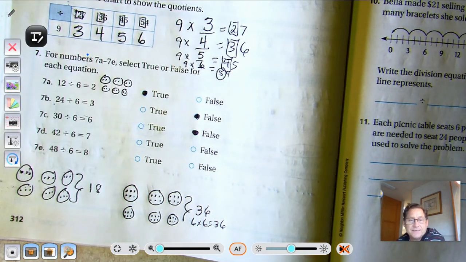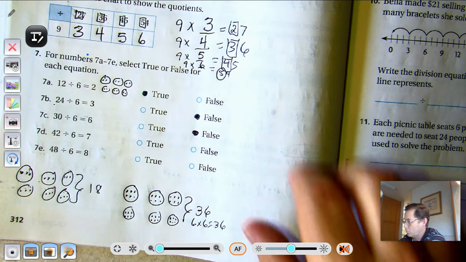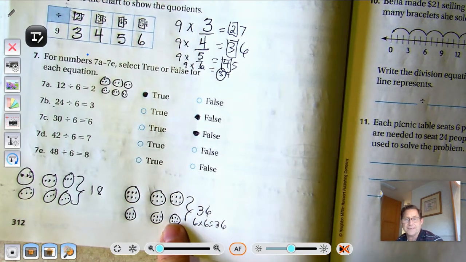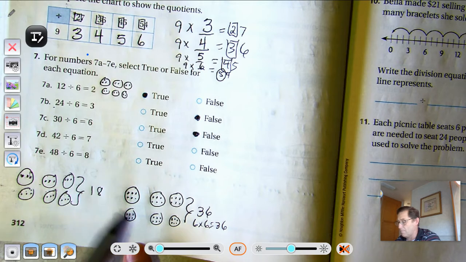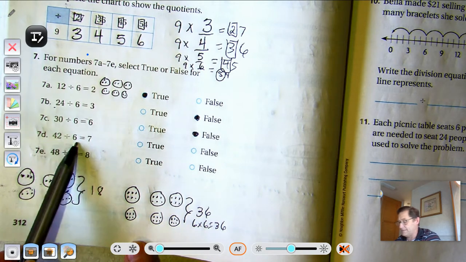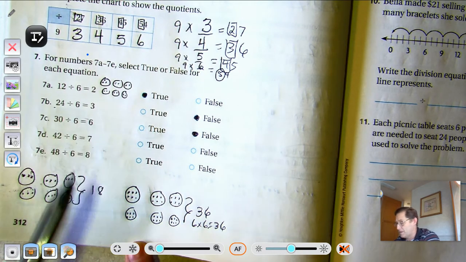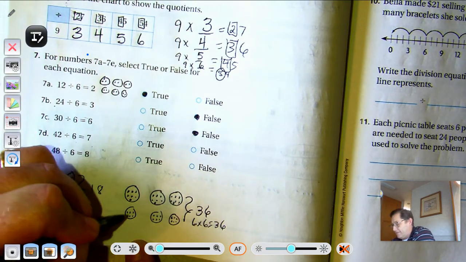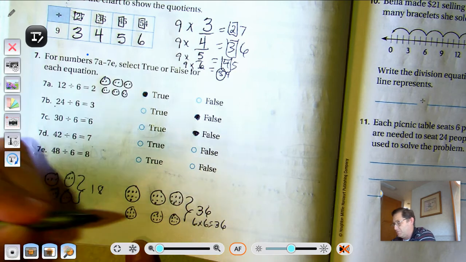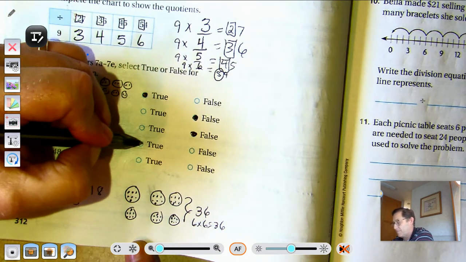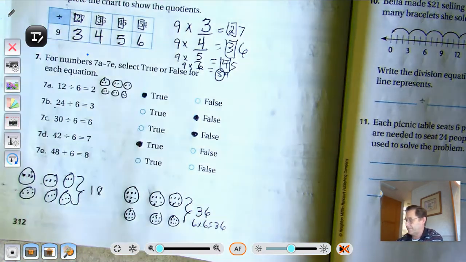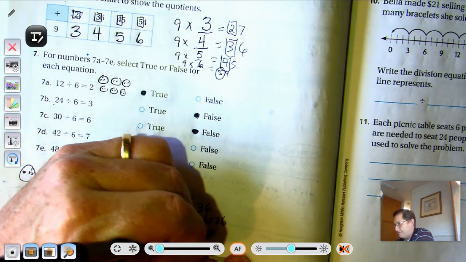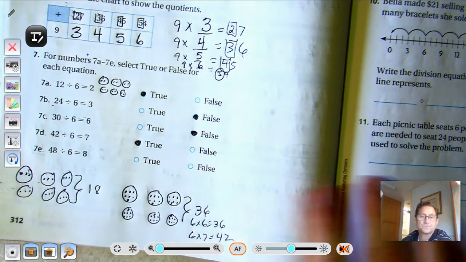So no, false. 6 times 5 is 30. 6 times 7 is 42. Well, if this is 6 times 6, and I put 1 more in each group, this is saying 6 groups of 7. So 37, 38, 39, 40, 41, 42. That's true. 6 times 7 equals 42.